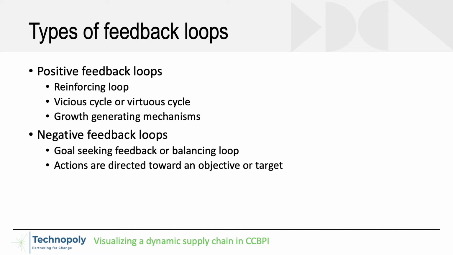Eventually, when we talk about positive feedback loops, we are referring to what we call a growth-generating mechanism within your system. A negative feedback loop, on the other hand, refers to what we call a goal-seeking feedback or a balancing loop. This means that an action is directed towards an object in a system where a target is desired and would lead to an eventual stabilization or equilibrium of the system's behavior.